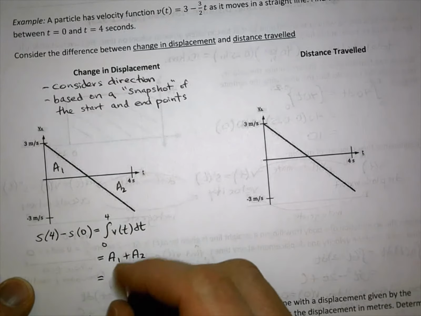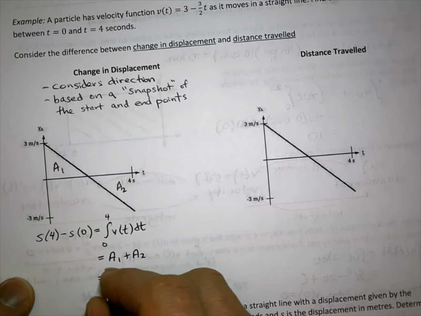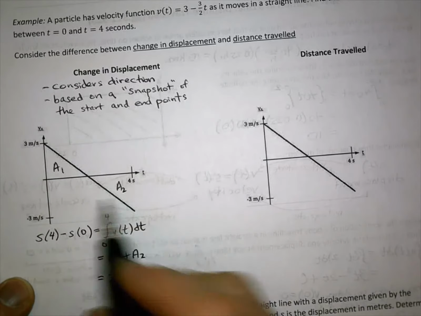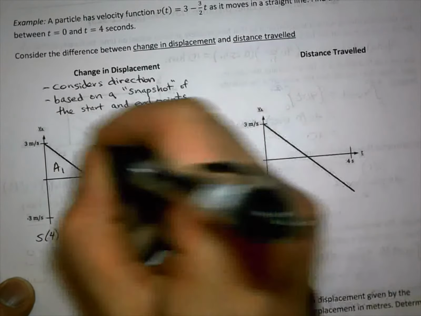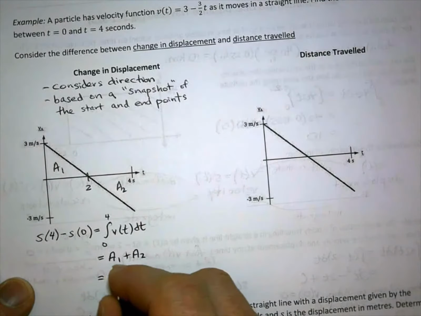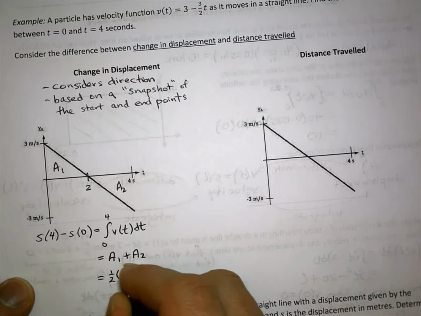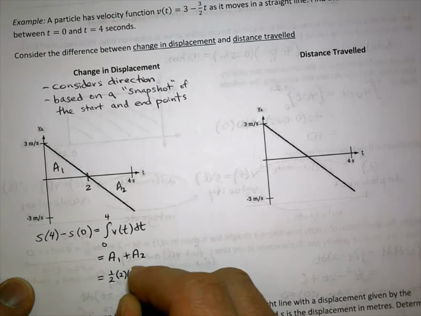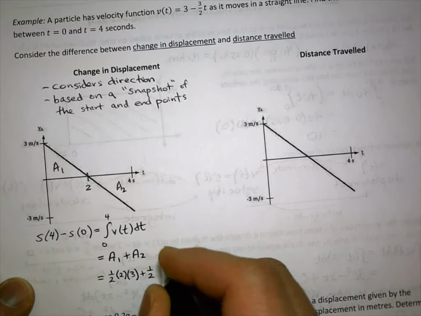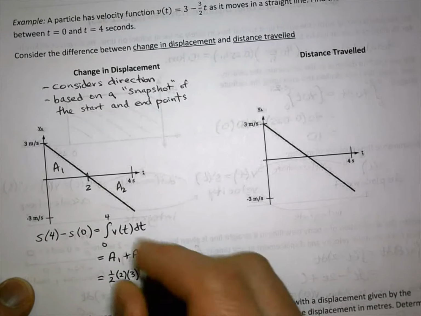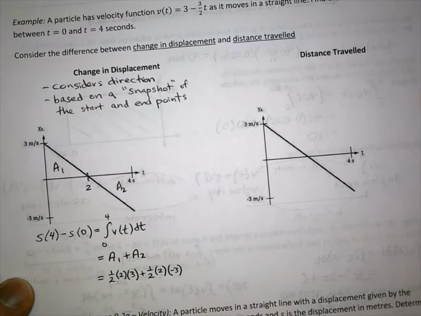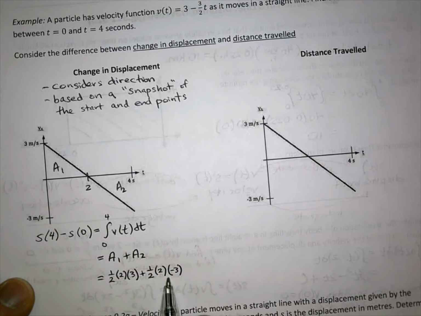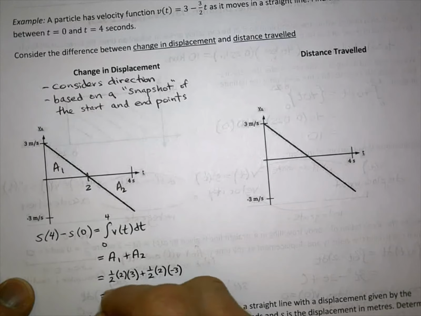This area is half base times height. Half the base, well, this is 4, so this is 2. So the base is 2, the height is 3. And A2 is half, the base is 2, the height is -3. So we end up with 3 plus -3, so that is 0.